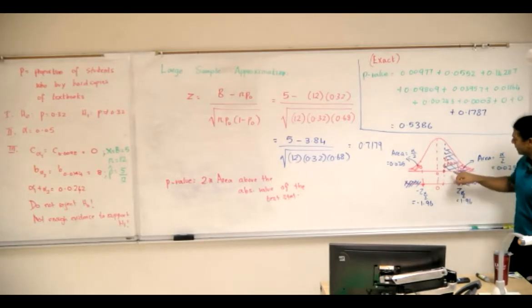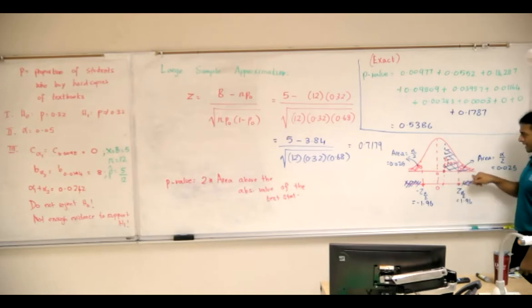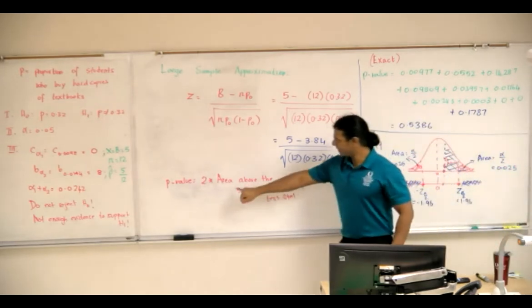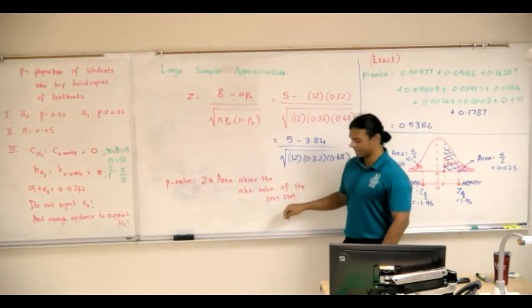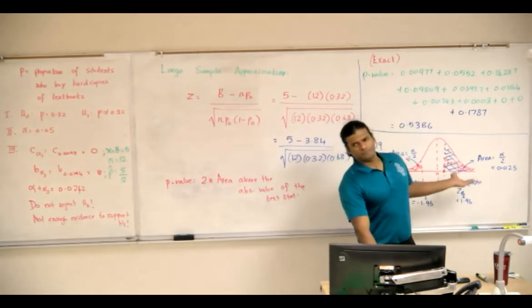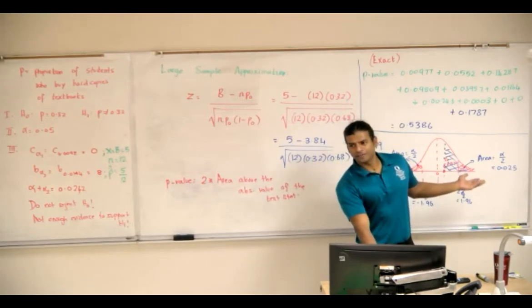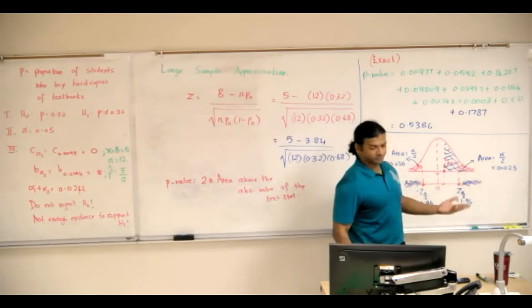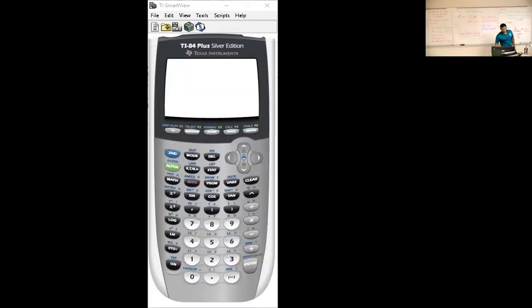So how do we find that area, which is the area above the absolute value of the test statistic? Absolute value of 0.7179 is still 0.7179. So we do second distribution. We want to find the area above the standardized test statistic, which is B star. Your book calls it B star, but you can denote it as that also.